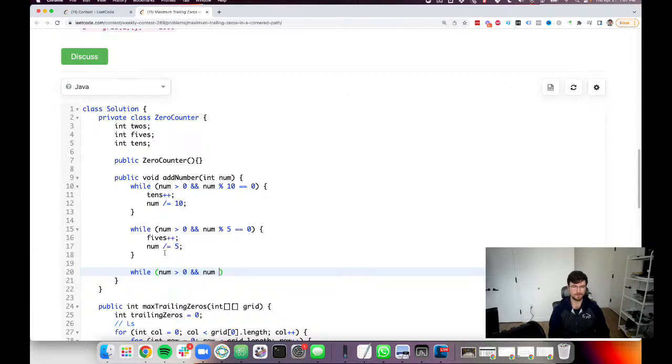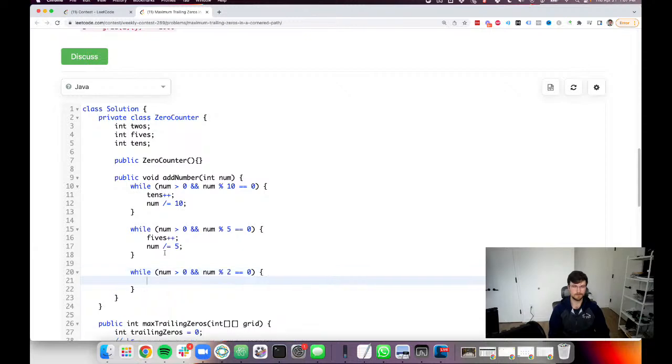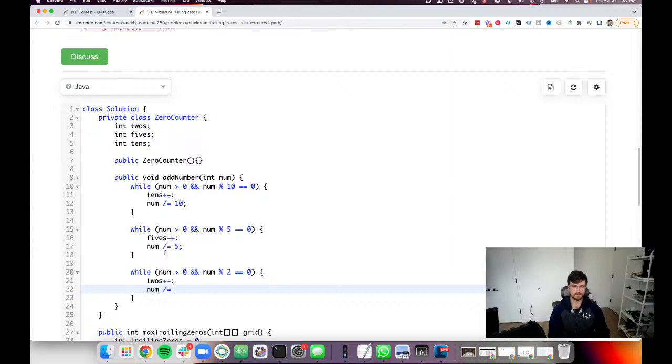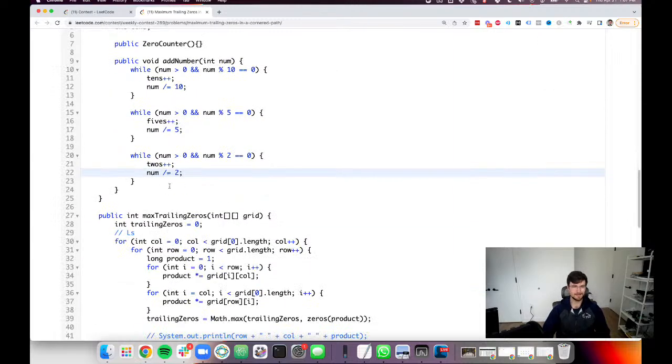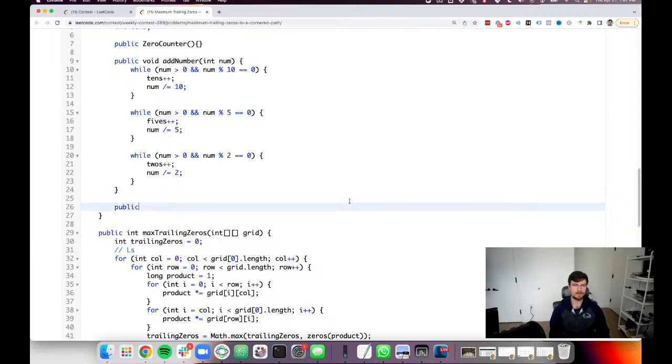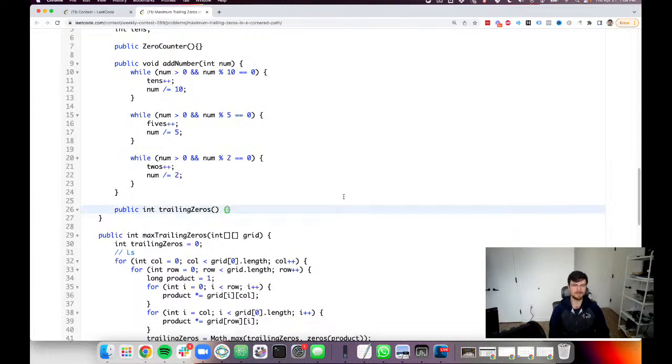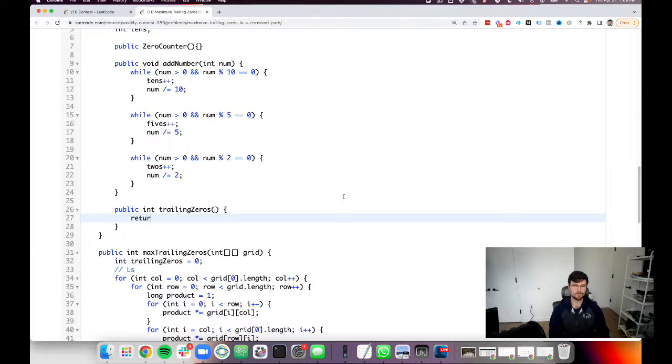So we do that, and then we can compute the number of trailing zeros. What that becomes is: return tens plus math.min of 5s and 2s.